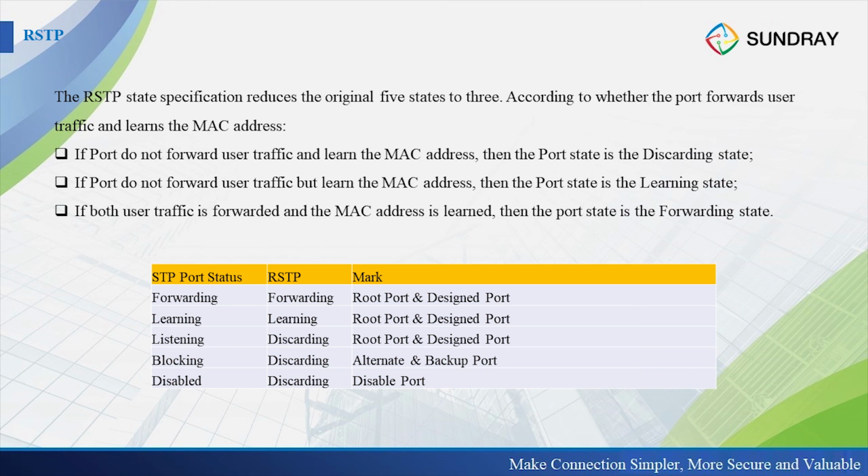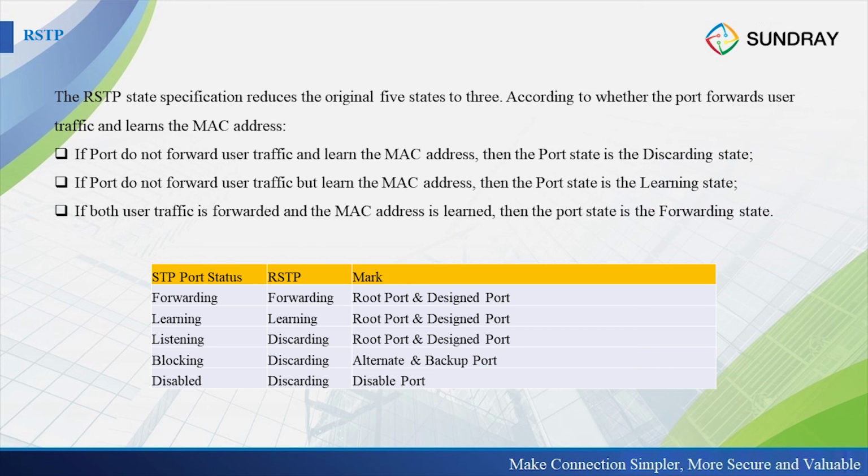And for the new alternate port and the backup port, from the perspective of configuring BPDU packet transmission, the alternate port is a port blocked due to learning a configuration BPDU sent by another bridge. And the backup port is the port that is blocked due to learning the configuration BPDU message sent by itself.